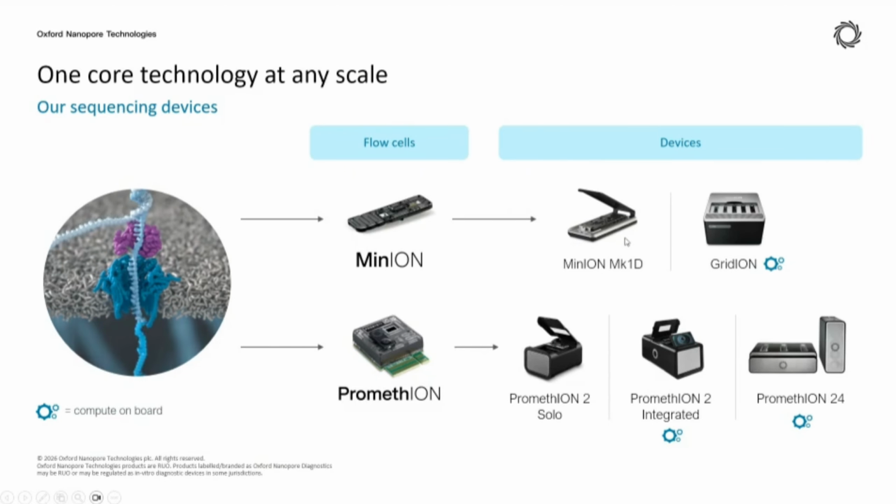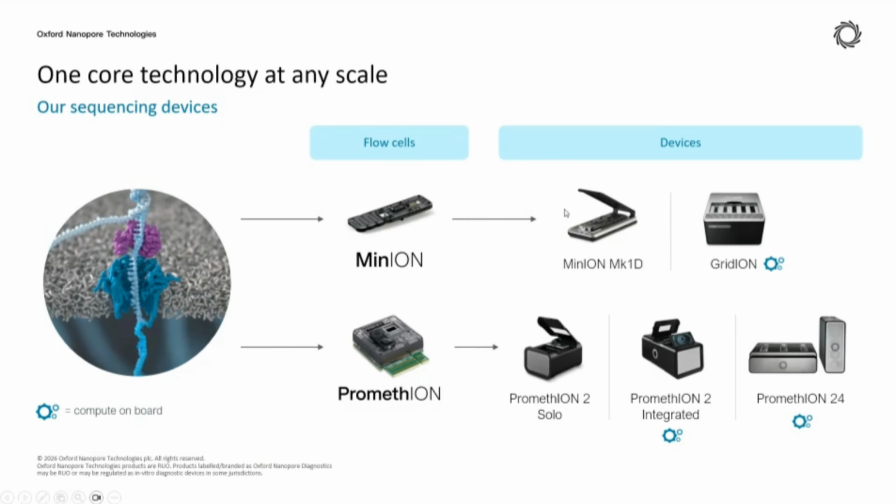And then there's another device called the GridION. The GridION also does the sequencing using MinION flow cells, and in one sequencing run, it can take up to 5 MinION flow cells. So it can generate 50 to 100 GB of data per sequencing run.